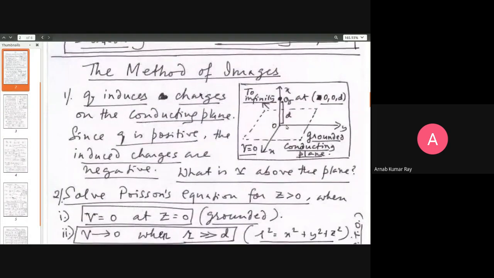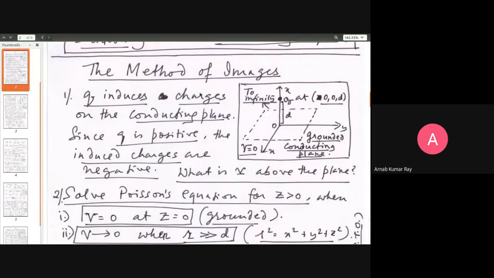So in the last class, I will just briefly recall something. We took up the method of images, whereby you have a conducting plane, let's say a copper sheet, that is extended all the way up to infinity. That's an idealization, but let's think of it like that for mathematical convenience at least. It's extended all the way to infinity, both along the x and the y directions.